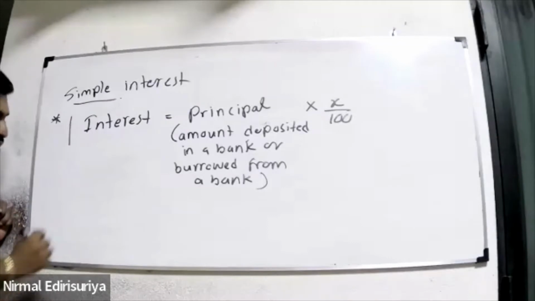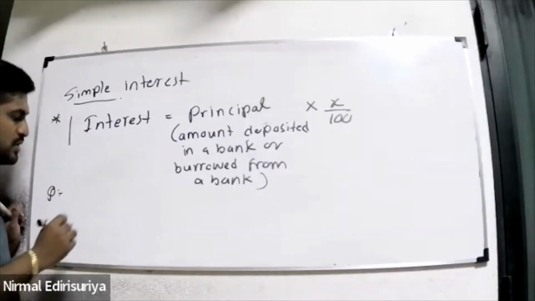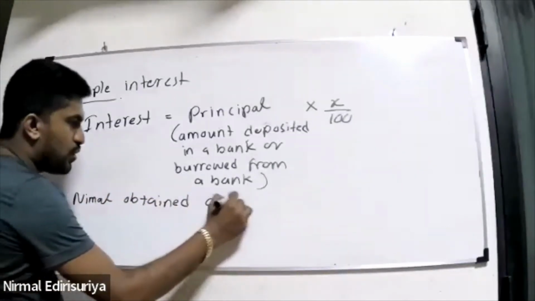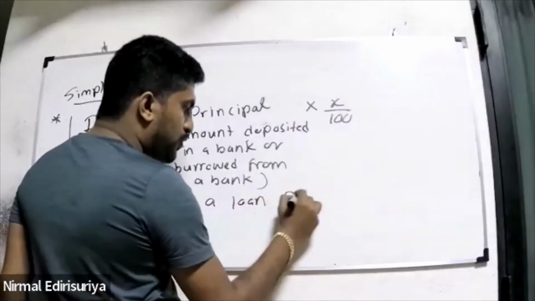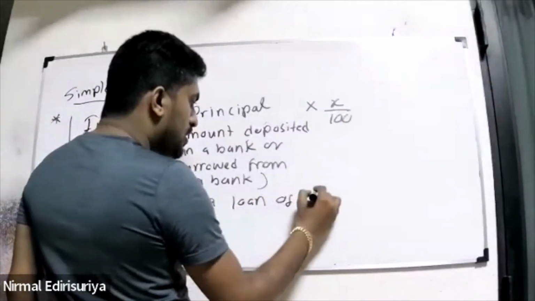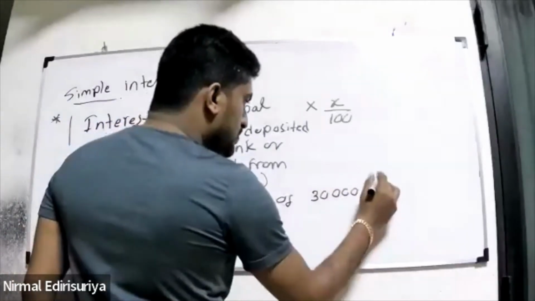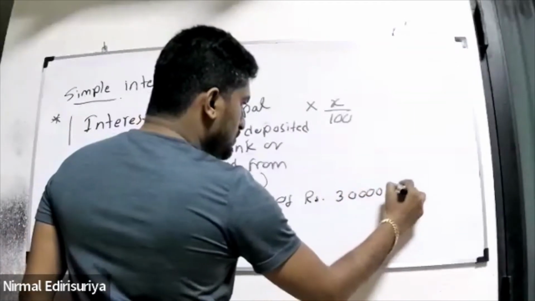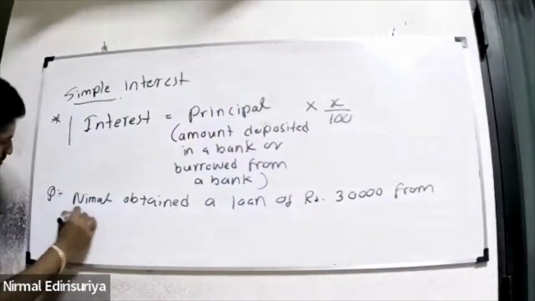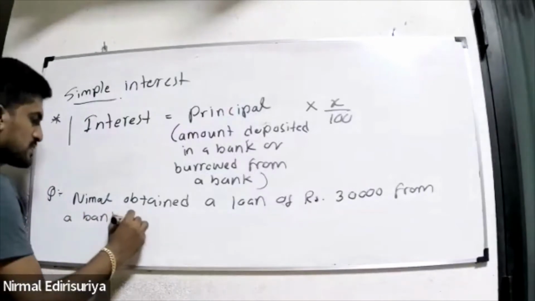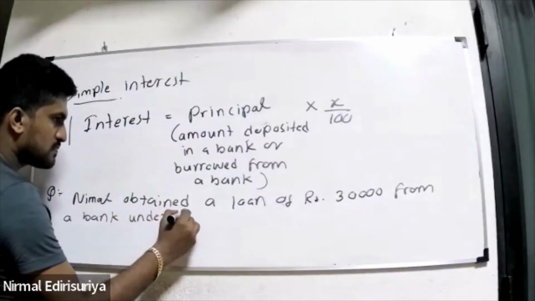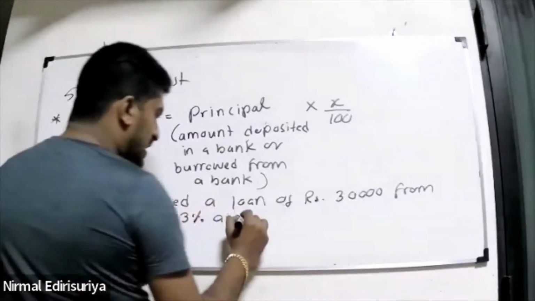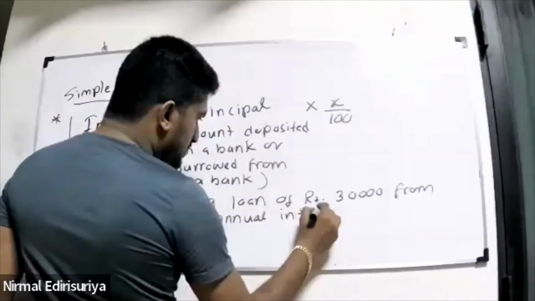Question. Nimal obtained a loan of 30,000 rupees from a bank under a 3% annual interest rate.